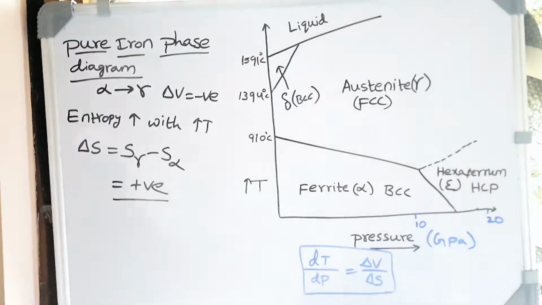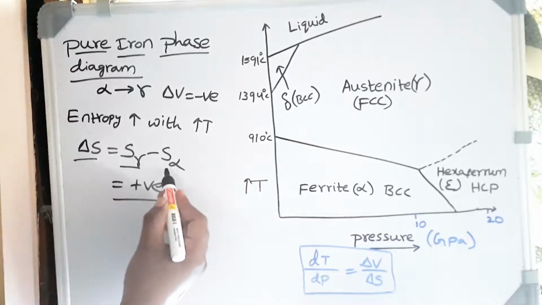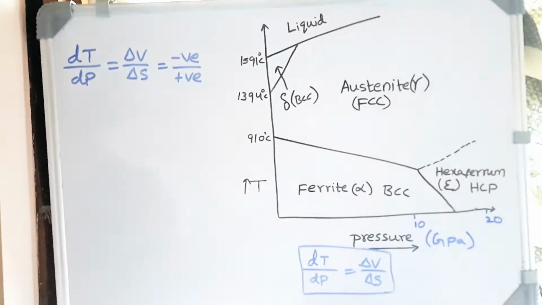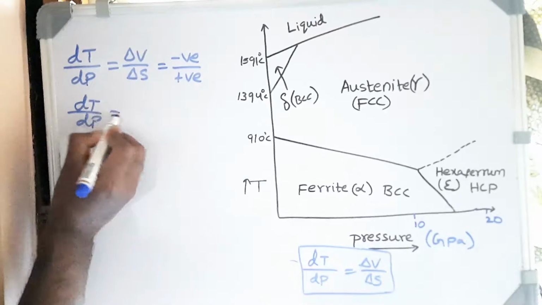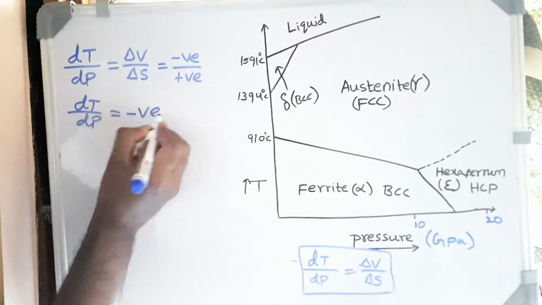The entropy of any substance increases with temperature. So delta S, the entropy of gamma minus the entropy of alpha, is positive. When we use the Clausius-Clapeyron equation, dT/dP equals delta V by delta S. We got delta V negative and delta S positive, so the result is negative.